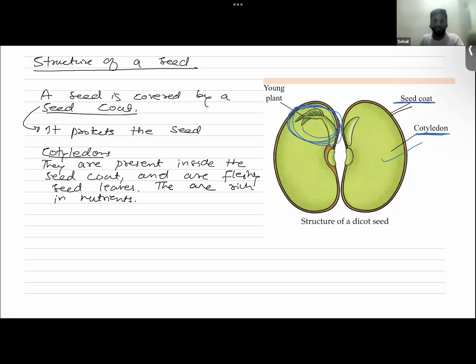This nutrient is utilized by this young plant here. Initially this young plant will get nutrition from the cotyledon, and later on when it starts to grow its own roots and leaves, it will get nutrition by photosynthesis. Right, Norush? So initially, where does the young plant get nutrition from?